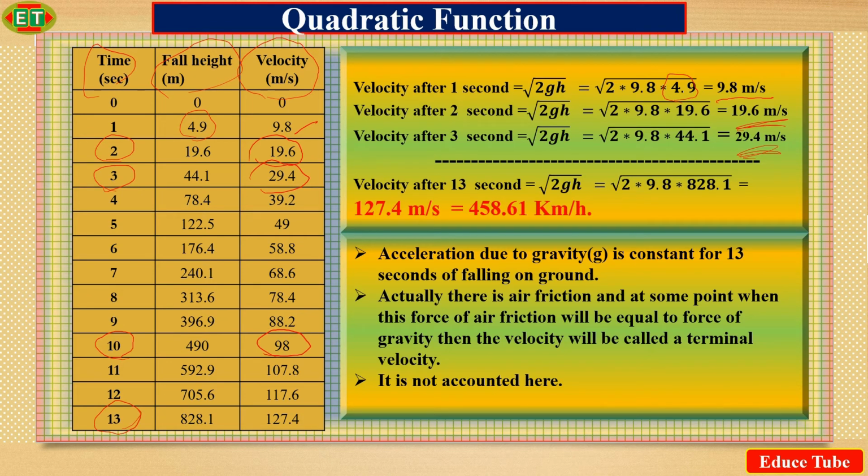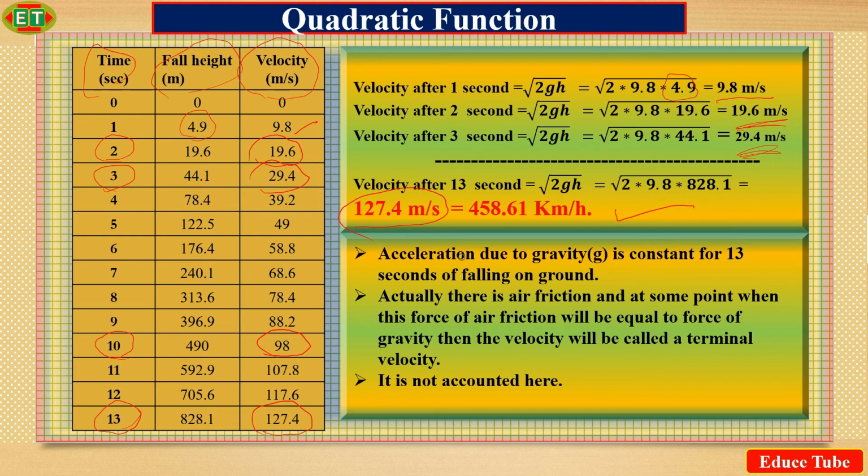After 13 seconds, it will be 127.4 meter per sec. We can see it here. If we convert it into kilometer per hour, we get a very high value, 458.61 kilometer per hour. With this velocity, it will hit the ground.